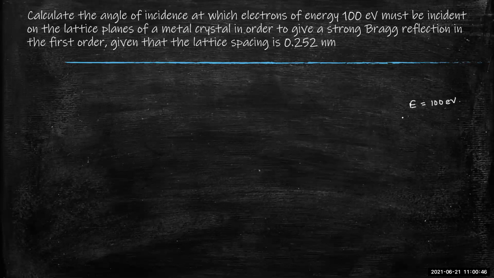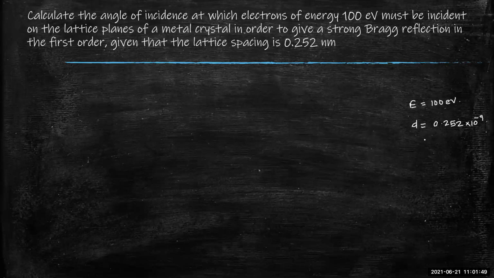The lattice spacing is given, d is equal to 0.252 into 10 raised to minus 9. We have to evaluate theta.